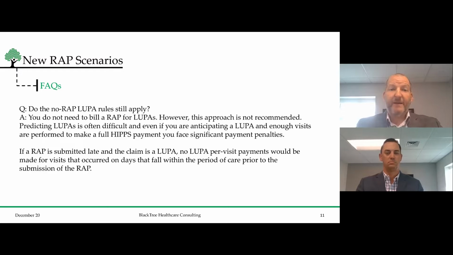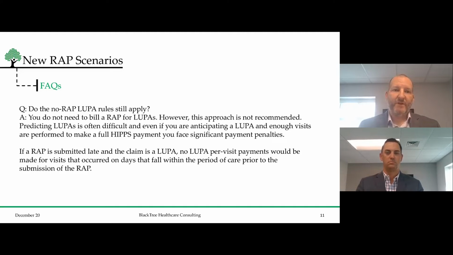And even if you're anticipating it, if you had enough visits to cross it over into a full payment period, you're all of a sudden going to be out of money because you didn't submit that wrap timely. So even if you are anticipating a LUPA, you should just bill the wrap just to be safe. And in all situations, all payment periods, you're going to want to bill a wrap.